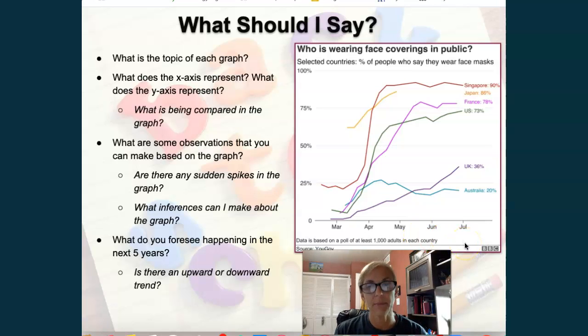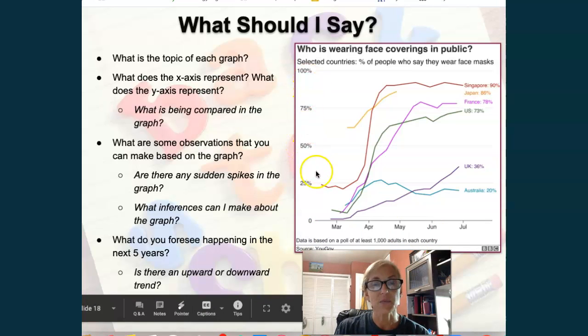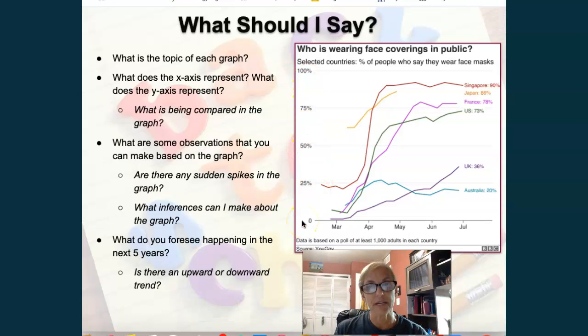That's our independent variable. Usually the independent variable will always be found on the x-axis. On the y-axis, we typically find our dependent variable. The dependent variable is the one you're measuring. Depending on the month, we had a different number of people responding that they wore masks. So the dependent variable is, by its name, dependent on the independent variable. It's the one you measure.